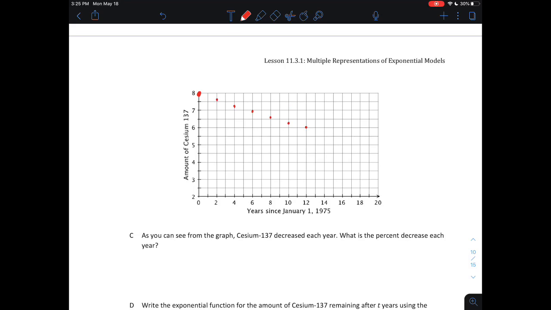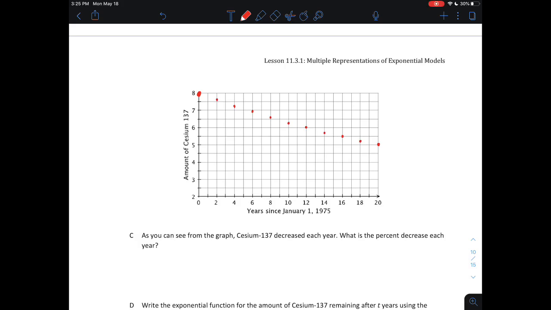That was about halfway between 5.5 and 6. 16, 5.528, so just about at 5.5. 18, 5.278. And then finally 20, 5.04. You can see that this is decreasing as we go from left to right.